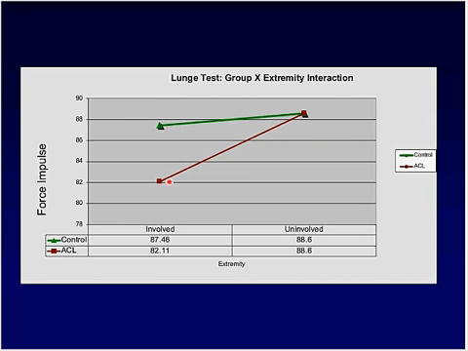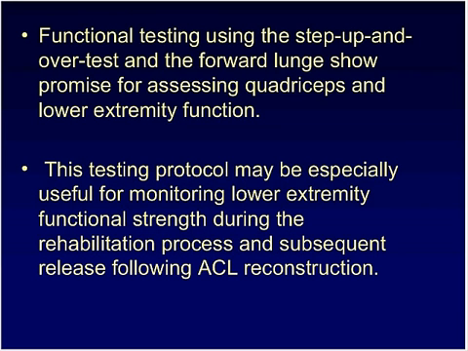And if we look at the ACL group, the involved leg was less than the uninvolved leg. The involved leg was significantly different than the control group, and was significantly different than the uninvolved leg. The uninvolved leg more closely resembled that of the control group. So again, for the lunge test, force impulse and time is useful.